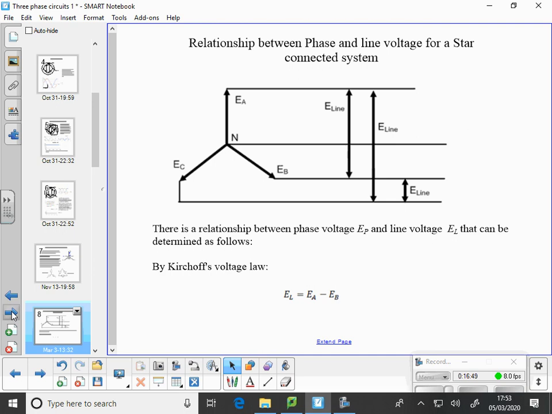Relationship between phase and line voltage for a star-connected system. There's a relationship between phase voltage EP and line voltage EL that can be determined as follows.